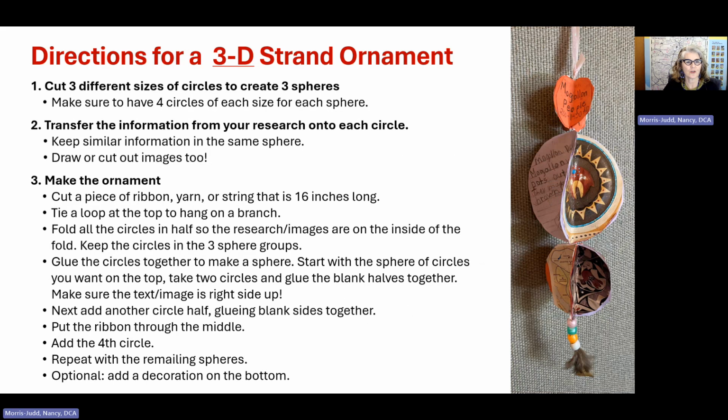The last one I'm going to show you is a 3-dimensional strand ornament. With this one, you take 3 to 4 circles of different sizes, and then you transfer your research onto them, and then you fold them in half, put glue on the back side of them, get your ribbon with the loop on top, and put it in the middle, and then glue all 3 or 4 of the circle shapes together to make a little sphere, and then repeat that.